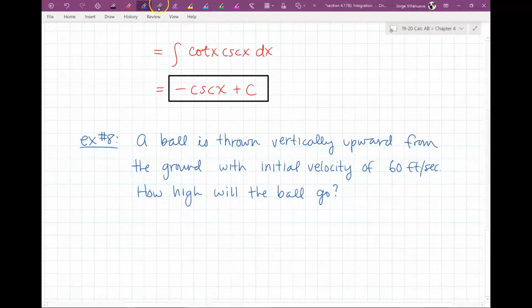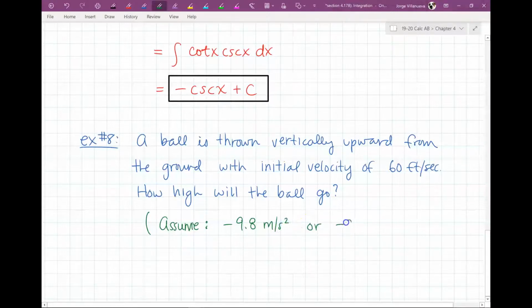Now we got to assume, okay, you guys always have to know this. You have to assume acceleration due to gravity. Okay? So, if you're taking physics, you might know this. If you haven't, well then you're about to learn this. Acceleration due to gravity is negative 9.8 meters per second squared if you're dealing with meters and seconds. Okay?